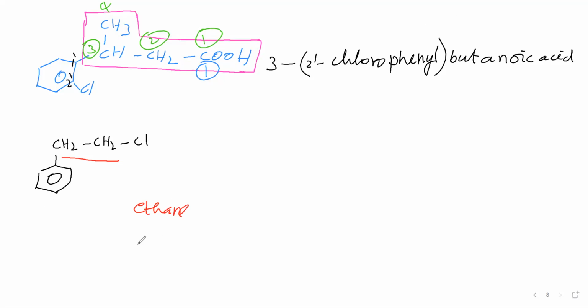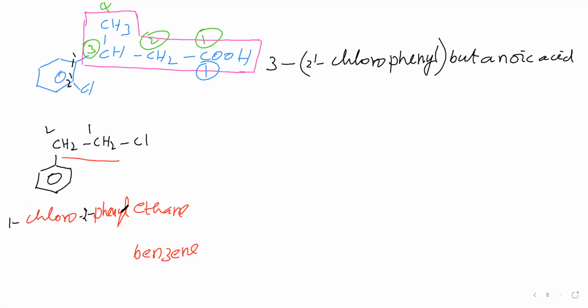Or this benzene we will take as parent, then benzene. When you take these 2 carbons as a parent, ethane you said, then Cl name you say as chloro, C6H5 name you say as phenyl. Then give the numbering. For this number 1, for this number 2, therefore 1-chloro, 2-phenyl. So we said 1-chloro-2-phenylethane is the name.